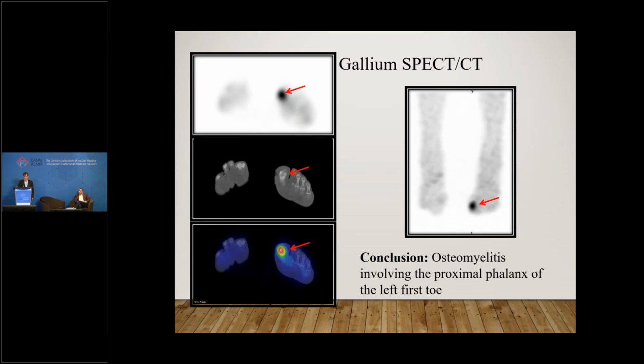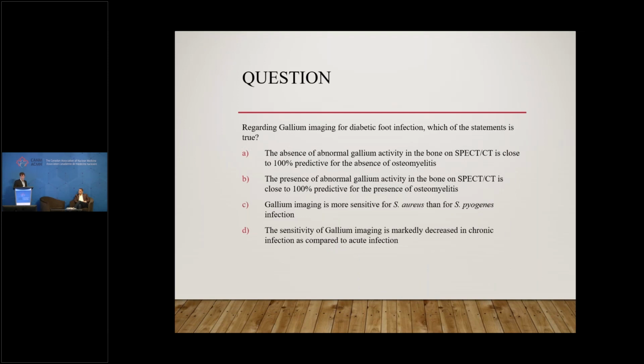So just ask another question regarding SPECT CT now. Is it 100% predictive for absence of osteomyelitis if you have a negative scan? Or is it 100% predictive of osteomyelitis if you have a positive scan?